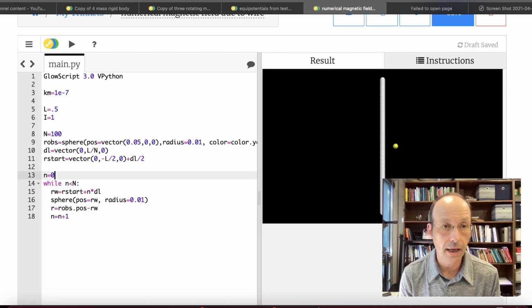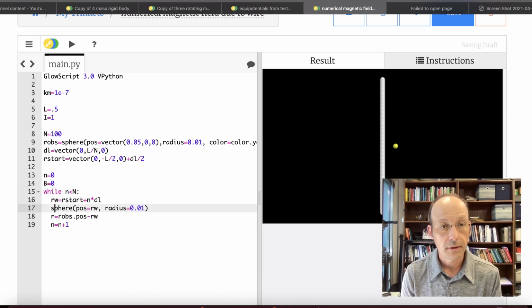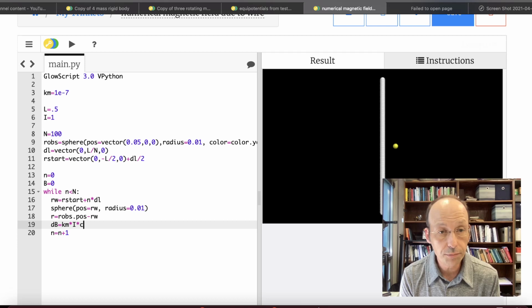Now up here, I'm going to add in B equals 0. And then down here, I'm going to say dB. I'm just going to type in that equation that I had before. So it's my constant, Km, times I times the cross product, cross is built in, of, let's say, dl and r, divided by the magnitude of r cubed.